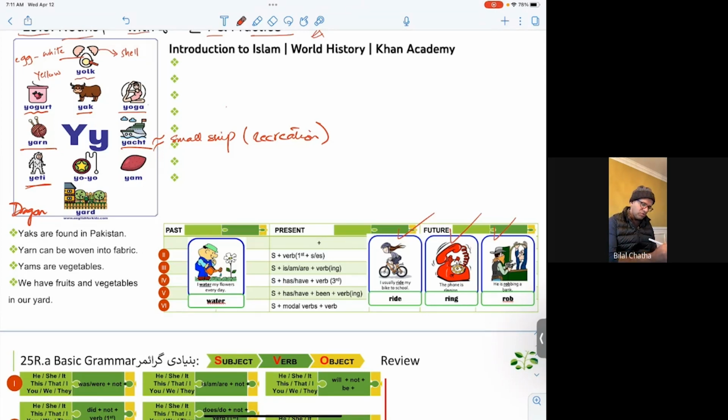Okay, next one. Muzammal. What is this? Yo-yo. What is yo-yo called in Urdu? Sir, it is called yo-yo. Oh, you call it yo-yo as well? Did you ever play with a yo-yo? Yes, sir. I have played with a yo-yo.